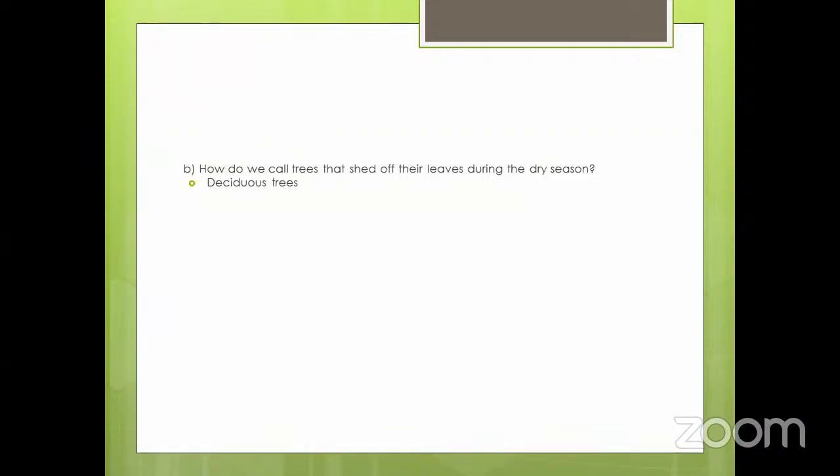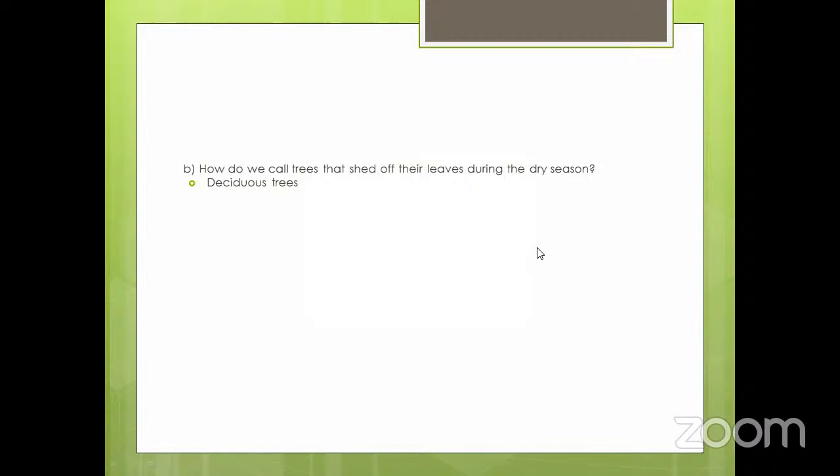Who can read for us that word? Yes, Yusuf. Those trees are called deciduous trees.